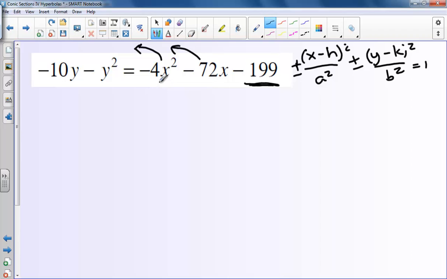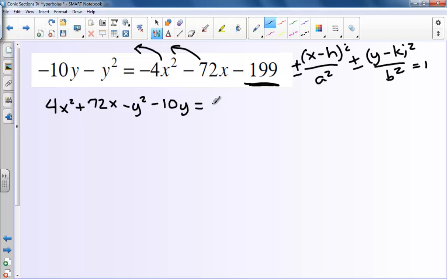And when I take something across the equal sign, kind of skipping some steps here, its sign is going to change. So that is going to become a positive 4x squared and a positive 72x. And then these terms were where they needed to be, so I'm not moving them, which means they're not changing signs.